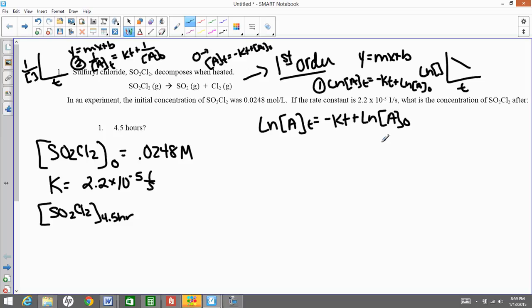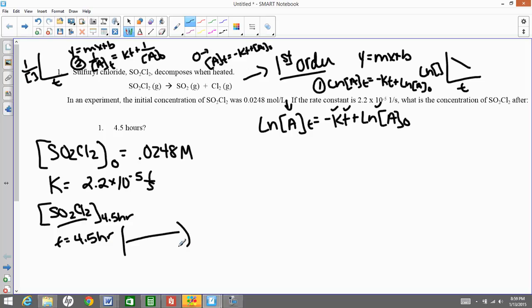So what do I know? I'm trying to solve for the natural log of SO2Cl2, that's my A. So I'm trying to solve for the left of my equal sign. I know my k, I know my t, and I know my original. I do have to be careful of my units. My k is in 1 over seconds, and my time is 4.5 hours.